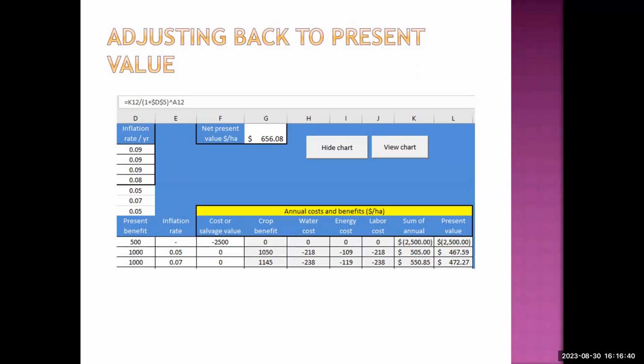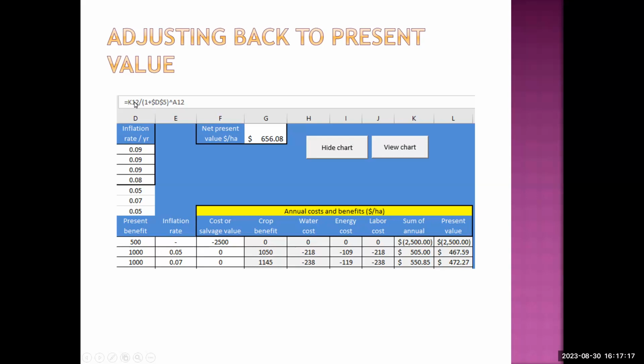Then the annual costs are discounted back to the present value in columns K and L. So now I have the annual water, crop benefit, energy, and labor costs, everything in year 1. Then I have the sum of all those annual costs and benefits in K. The present value is discounting that back based on the rate of return, 8%.